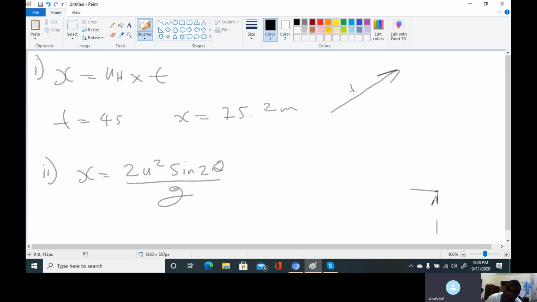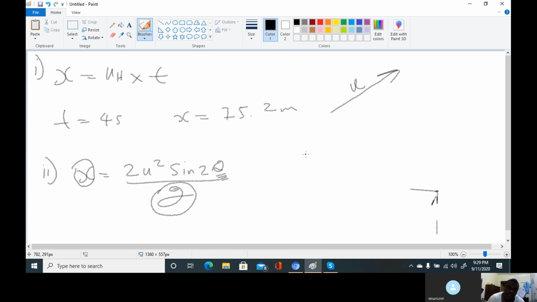So the launch velocity is going to be u. Basically, you have the range already. You know what g is, and you know the angle. So this expression allows you to quickly get what u is.